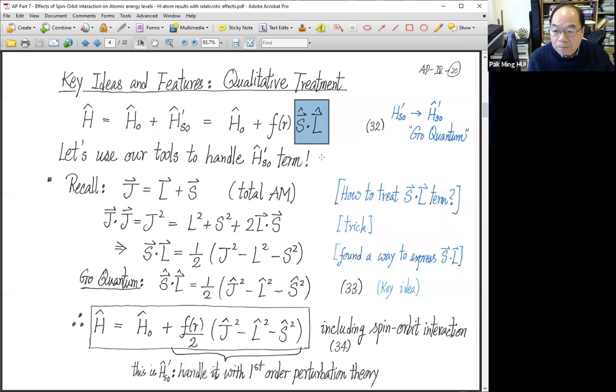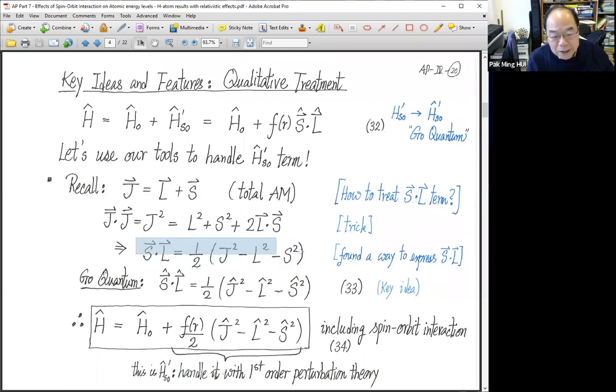When you see this term, immediately in your mind, start thinking about total angular momentum for the following reason. You consider J square, which is J dot J. Immediately, you pick up a 2 L dot S term. L and S commute. They operate on different coordinates. So therefore, S dot L can be written as J square minus L square minus S square, divided by 2.